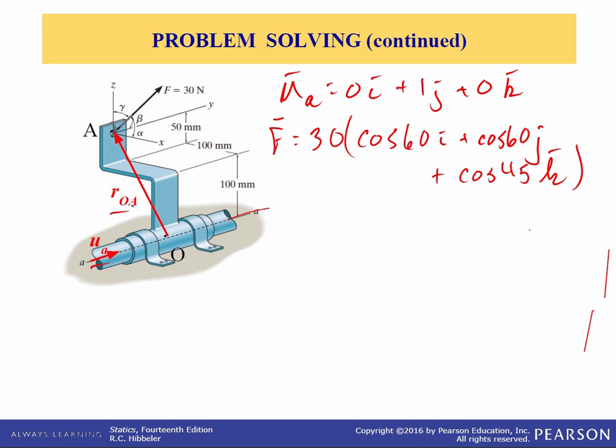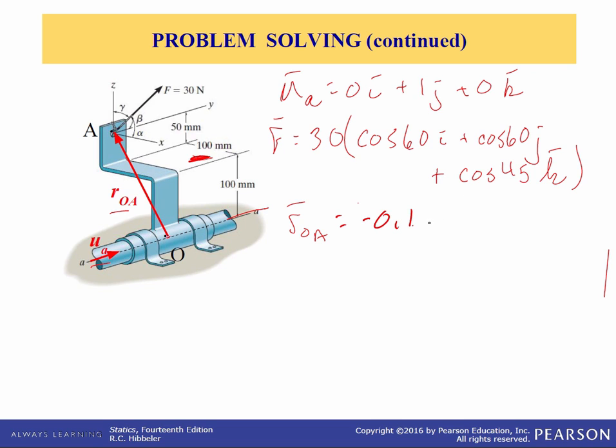And the last we need is this vector r sub OA, so we're on O, we want to get to A. So how far does this vector move in the x direction? Well, it looks like it's 100 millimeters, and it's going in the negative x direction. So r sub OA is equal to minus 0.1.